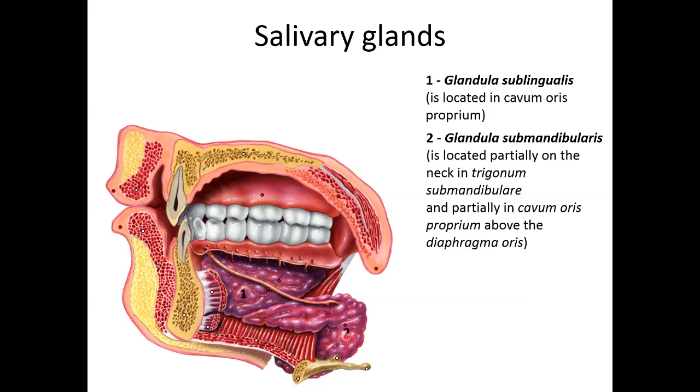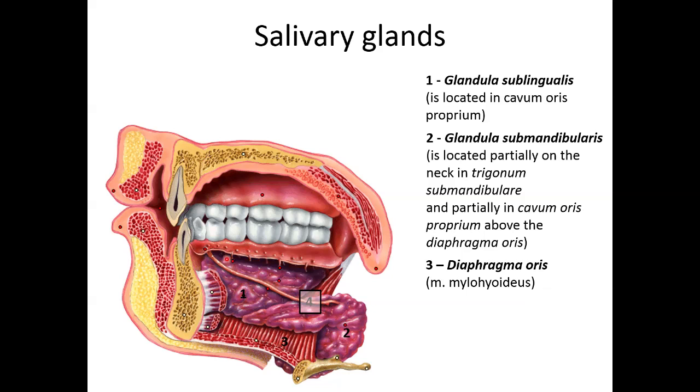Then I should like to remind you of this muscle, number 3. What is it? It's the diaphragm of the mouth, musculus mylohyoideus. The second muscle of the diaphragm oris is musculus geniohyoideus, but it was cut. And now, a very important structure, number 4.